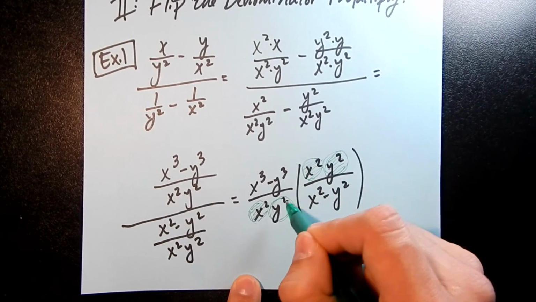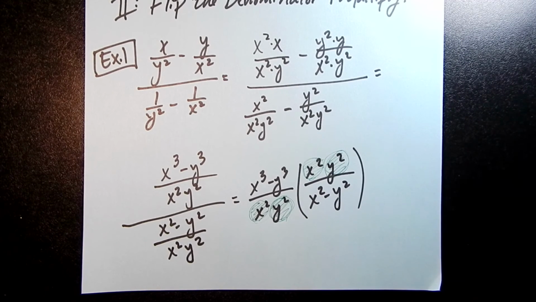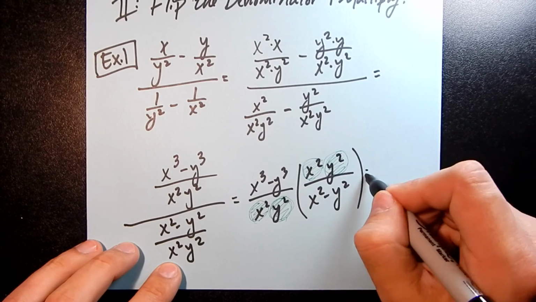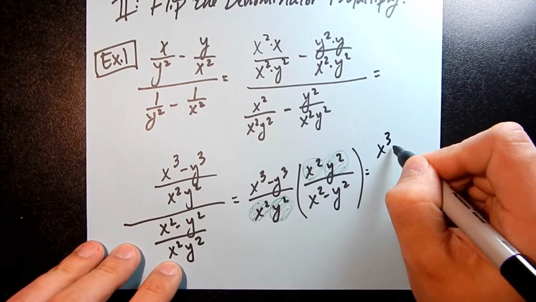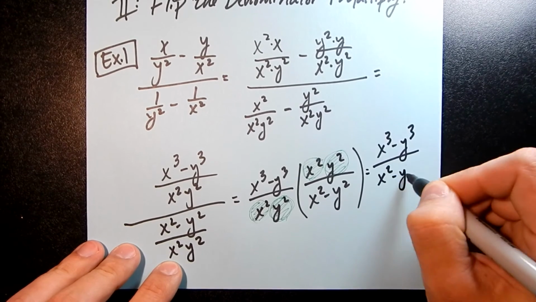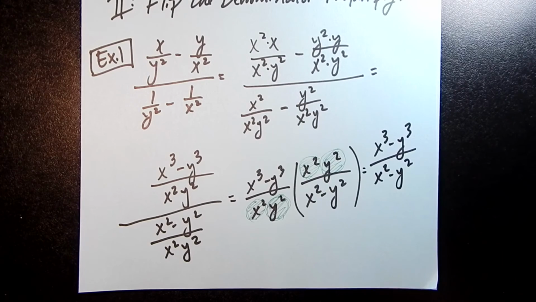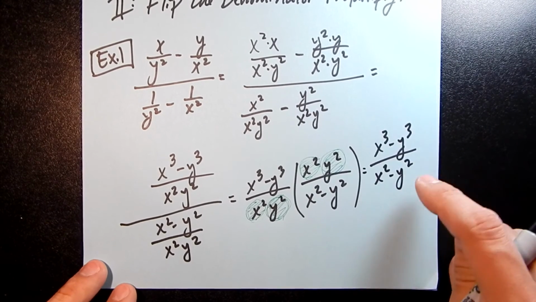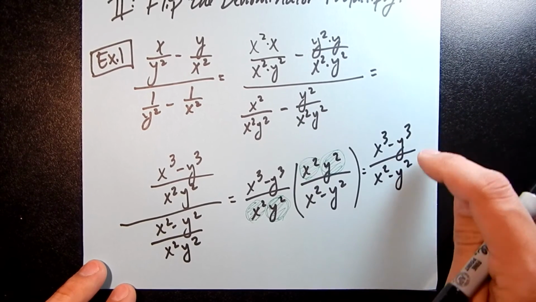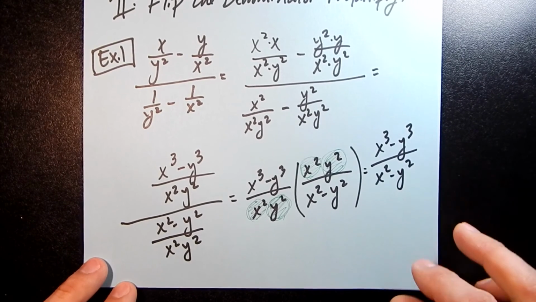So now what we're left with is x cubed minus y cubed over x squared minus y squared. And it looks friendly enough like this, but as we'll notice, this is a difference of cubes and this is a difference of squares. So both of these factor.